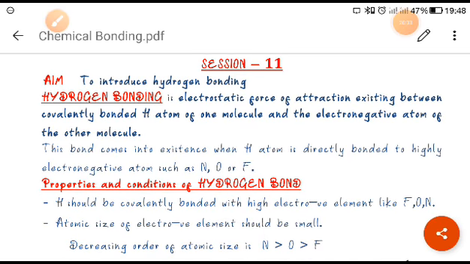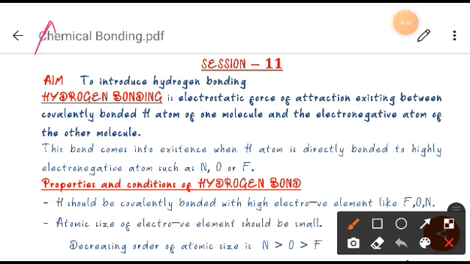In order to understand the concept of the hydrogen bond, let us take a molecule, say AH, in which H is linked with a strongly electronegative but very small atom A. Atom A, when we are talking about strong electronegativity, may be fluorine or oxygen or nitrogen.